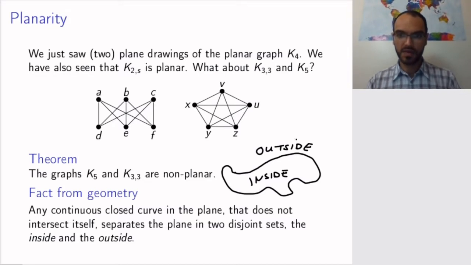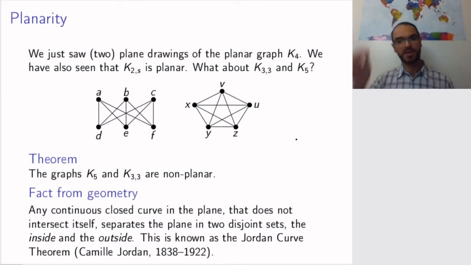This theorem might look ridiculously obvious. Any 5-year-old child would be able to tell you this, but it turns out that obvious as it is, it is very complicated to prove. This theorem is due to the mathematician Camille Jordan, who lived around the turn of the century, and it's called the Jordan curve theorem.